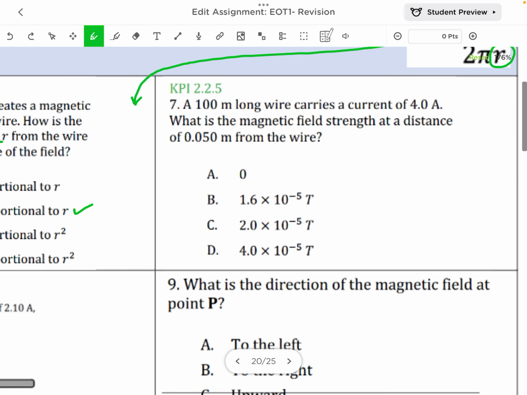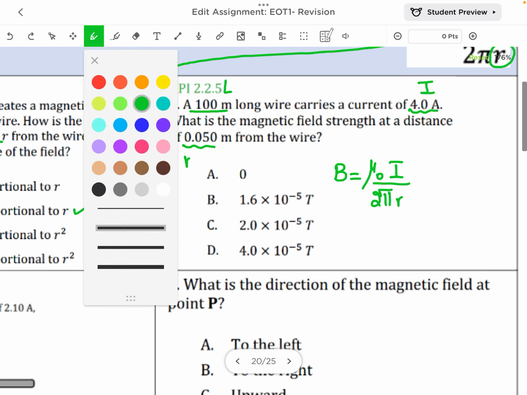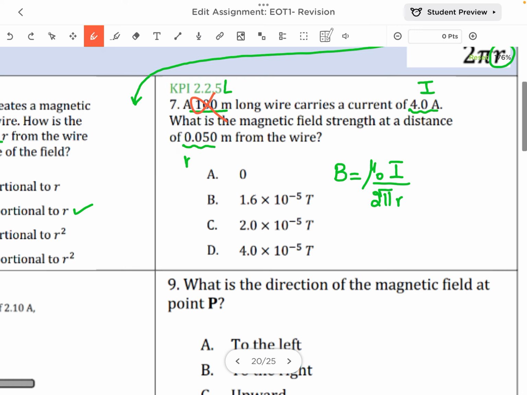Question 7, you have a 10-meter long wire, this is the length, I equals 4. What's the magnitude of the magnetic field at a distance r of 0.05? By applying the equation mu 0 I over 2 pi r. So here the length has nothing to do with it.